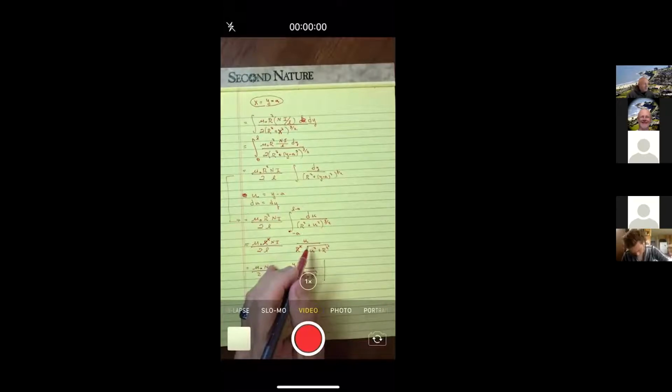And seeing that, let me switch back to my Zoom here. Uh-oh. It froze a little bit. Yeah, it's frozen right now.